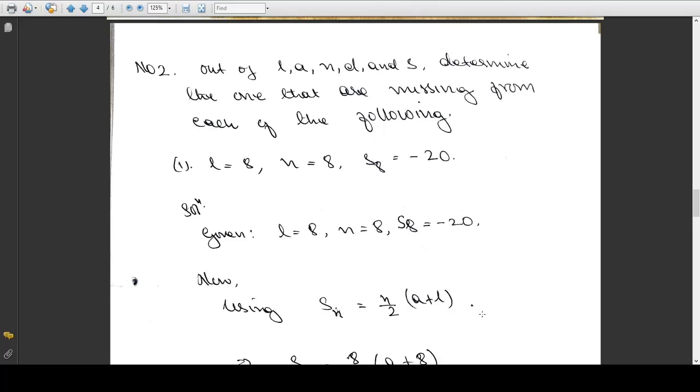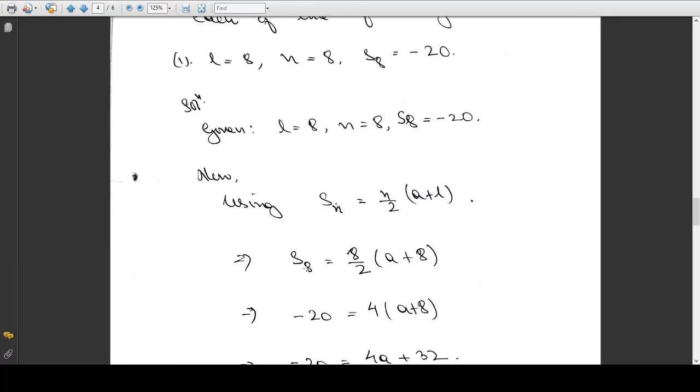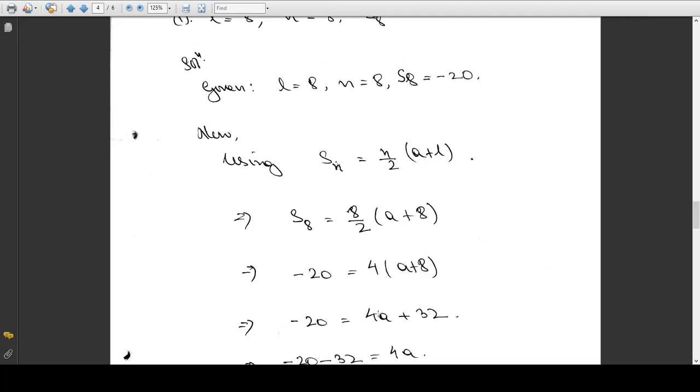Now using this formula, this means n is 8, S8 equals 8 by 2 times (A plus L). A is how much? We don't know. L is how much? The last term is 8. Okay, now minus 20 equals 4 multiplied by (A plus 8), 4A plus 4 multiplied by 8 is 32.